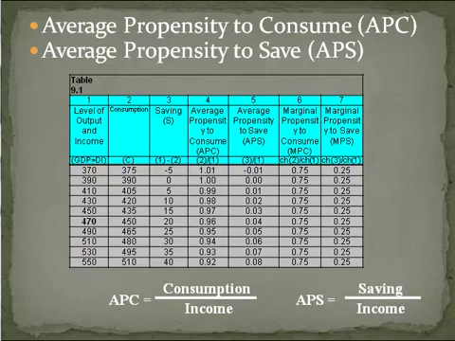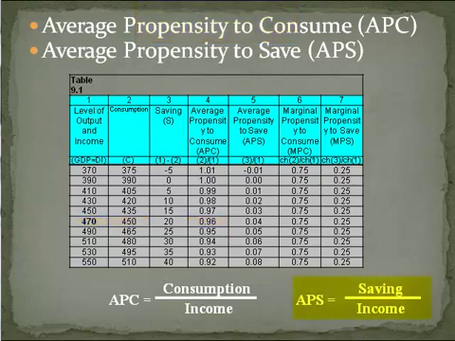So if the aggregate level of income was, let's say, $470 billion, and United States citizens as a whole consumed $450 billion, the savings would be $20 billion. So what would the average propensity to consume be? $450 billion divided by $470 billion would be 96%.